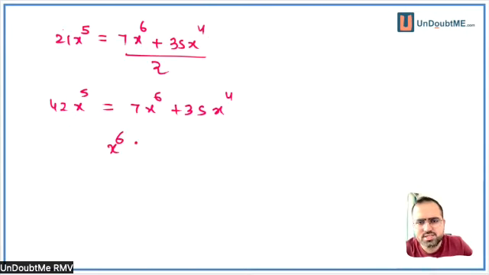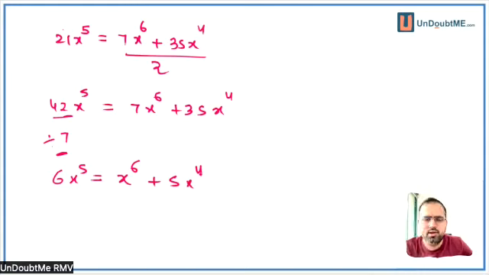I can divide everything by 7. Dividing both sides by 7, it will be 6x to the power 5 is equal to x to the power 6 plus 5x to the power 4. Now someone may think that we can also divide by x to the power 4.